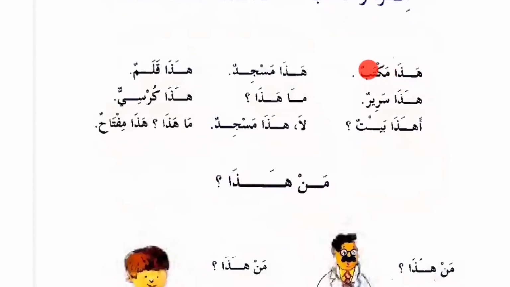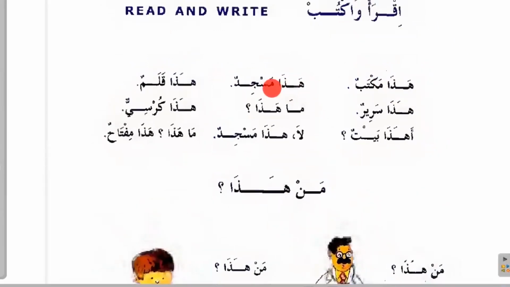For example, haza maktabun, what does it mean in English? Haza masjidun, haza qalamun, haza sarirun, ma haza kursiyun. We have already seen these on the last page. So you are supposed to read and then write it. They are just trying to test your understanding of what we have come across.